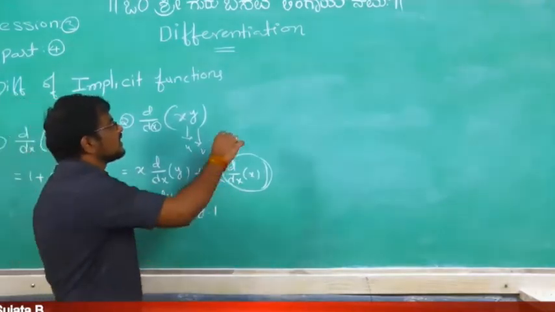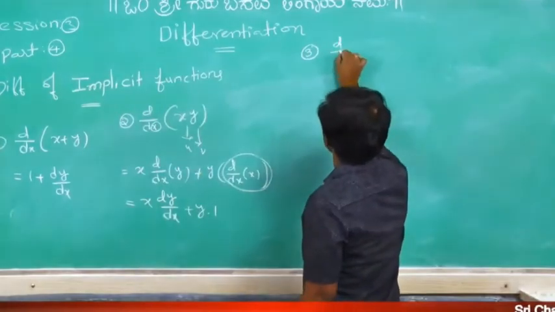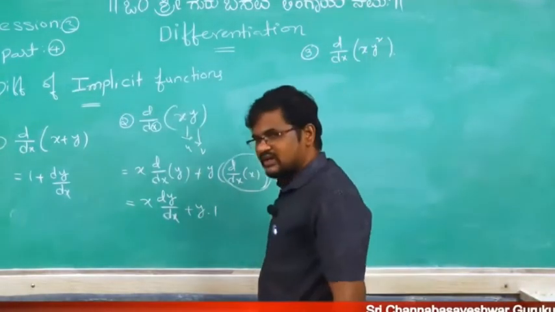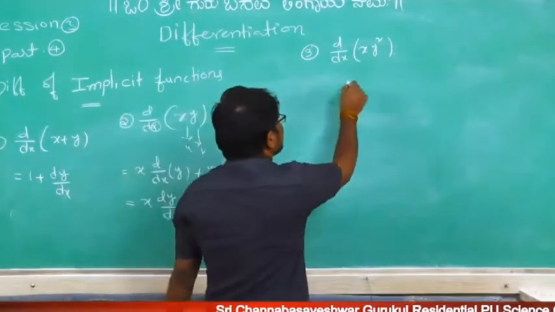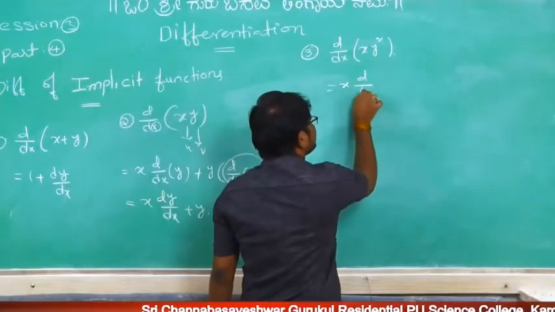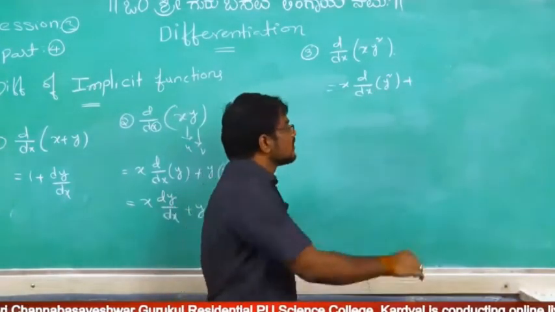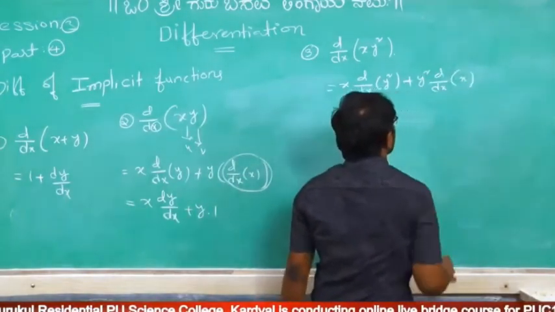If you take one more example, differentiation of xy square. Here also it is a product of two terms, so using the UV formula, that is x into differentiation of y square plus y square into differentiation of x.